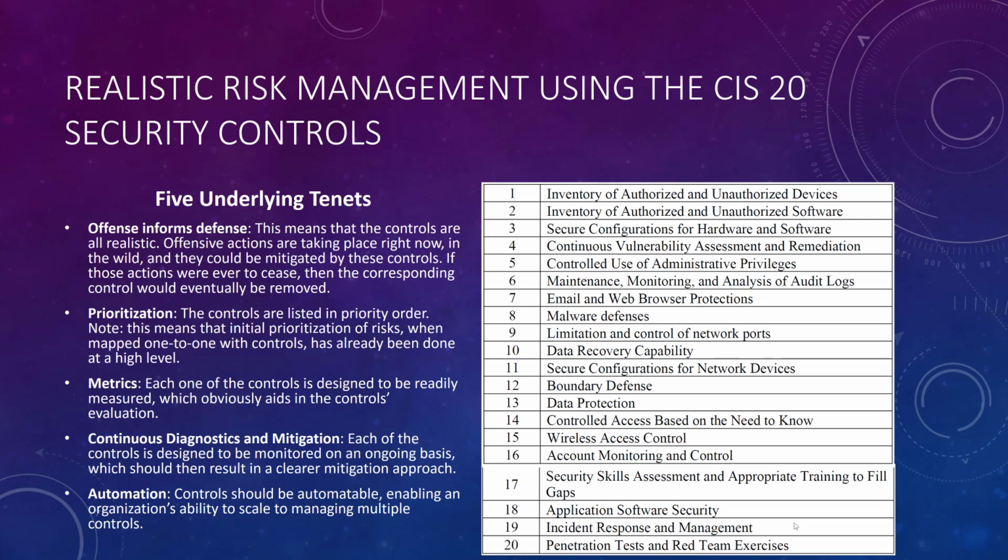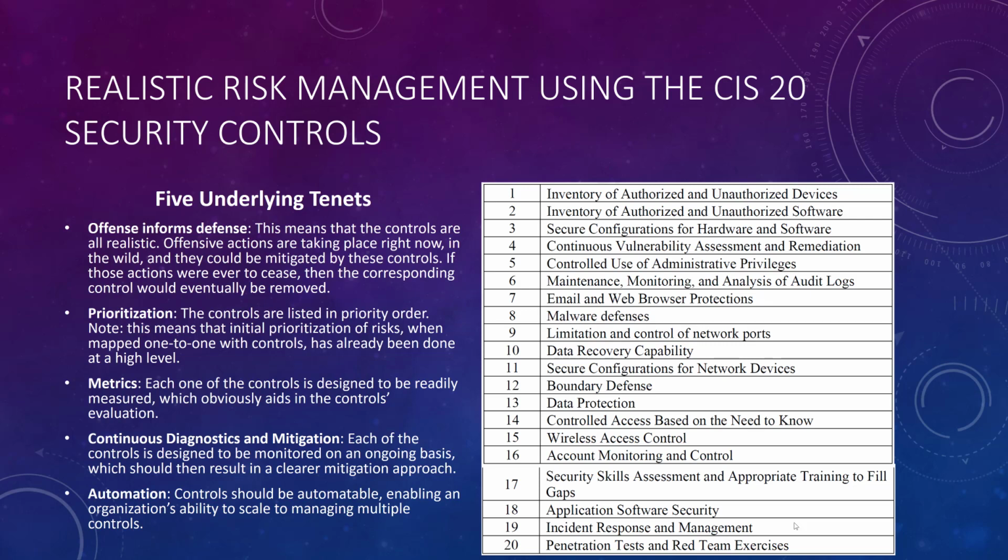These are the 20 security controls. And again, you start with doing that very daunting task of inventorying all the devices and software, coming up with secure configurations, baselining and accrediting what we've talked about, that hardware and software, moving into continuous vulnerability assessment and remediation. That may involve patching. It may involve a lot more than patching.